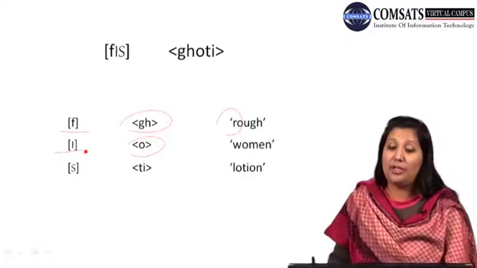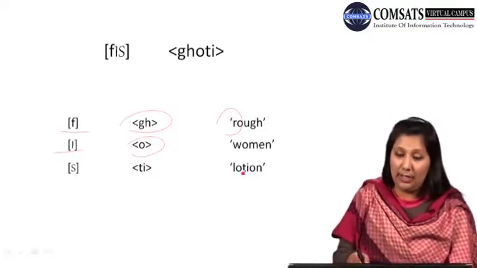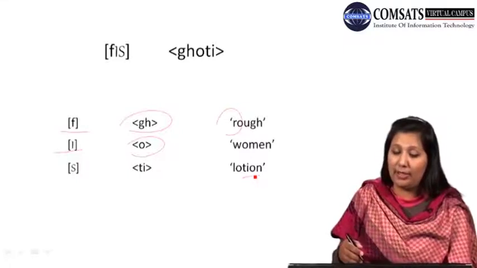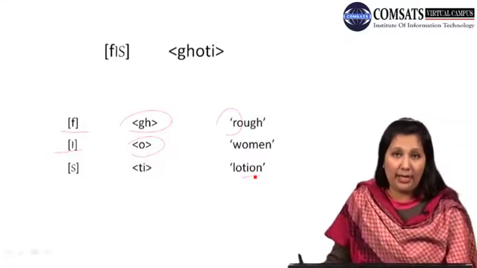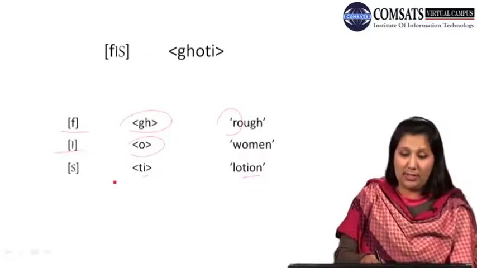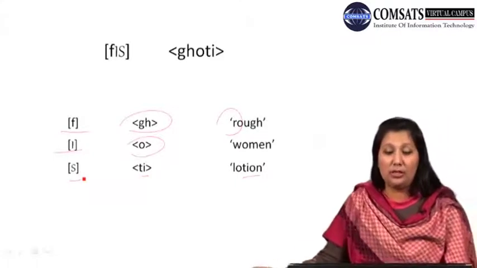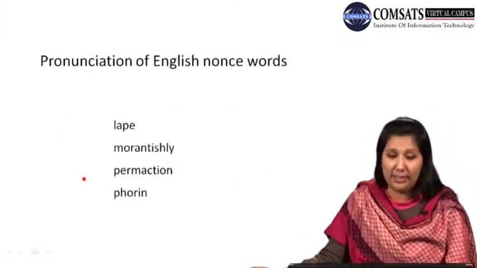In lotion, the shun sound: in this early modern English period it was converted into TION, lotion, whereas before this it was T, and before this it was sh. These were different spellings that have changed.